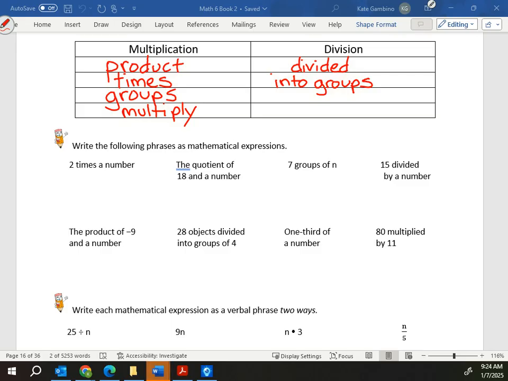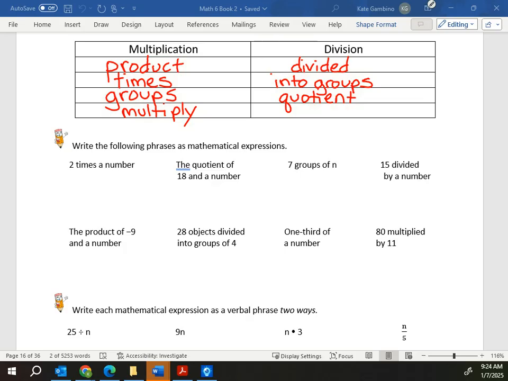What's another one, Emma? Quotient. When we find the answer of a division problem, that is the quotient. So what is the quotient of 37 and 5? It would be 37 divided by 5. Make sense? Like I said, it's very similar to yesterday, except instead of adding and subtracting, it's multiplying and dividing.